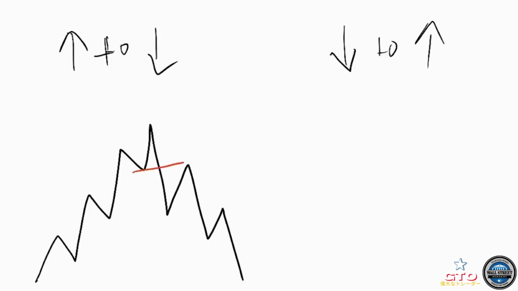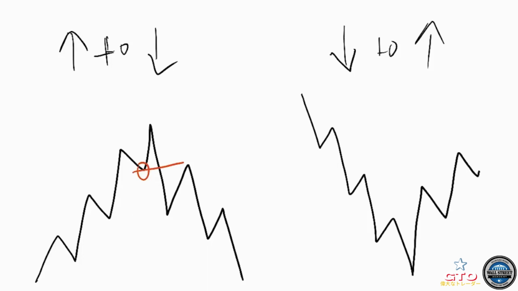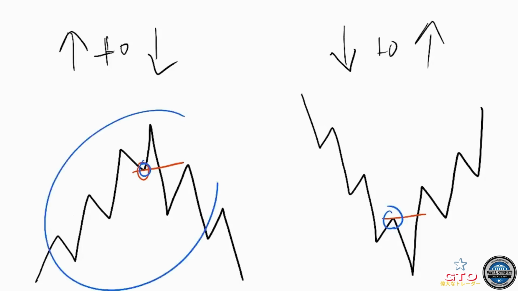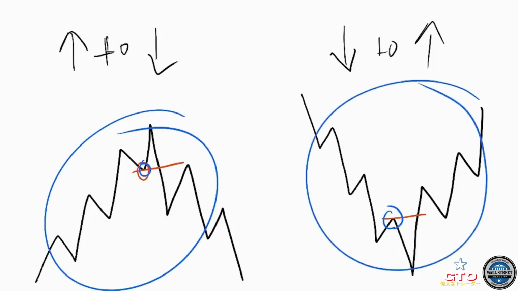The broken structure was right here when the market broke a higher low point, and in this example, this right here was a downtrend which broke a higher low right there. Circle this. That had to be broken. So the market overall transitioned from an uptrend to a downtrend here, and a downtrend to an uptrend here, upon the break of structure on the actual chart itself.